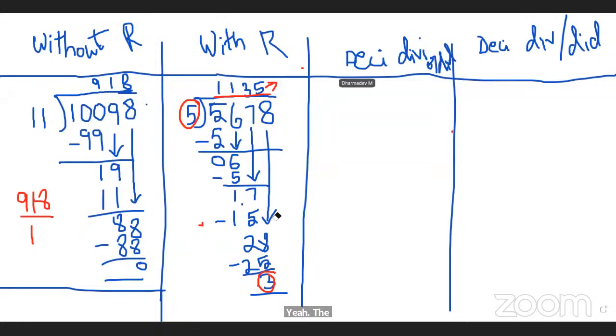The first one, Sankhai Sahamo. Can you tell me what is called the quotient?